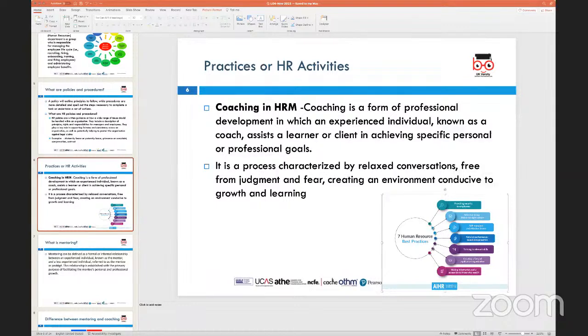Now, coaching can be done in very many different styles. We'll not go into that detail. And there are skills which are required for somebody to be in a position to coach somebody else. The person who is doing the coaching is the coach, and the person who is receiving the coaching tends to be the recipient.